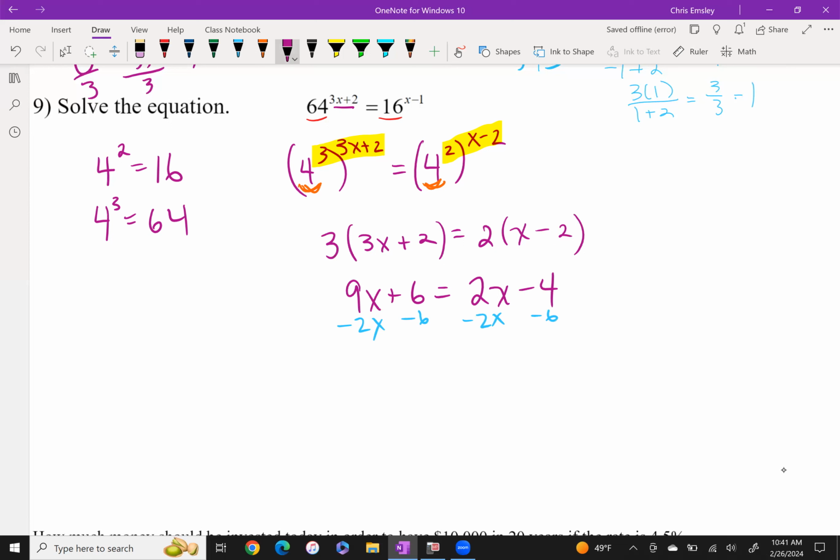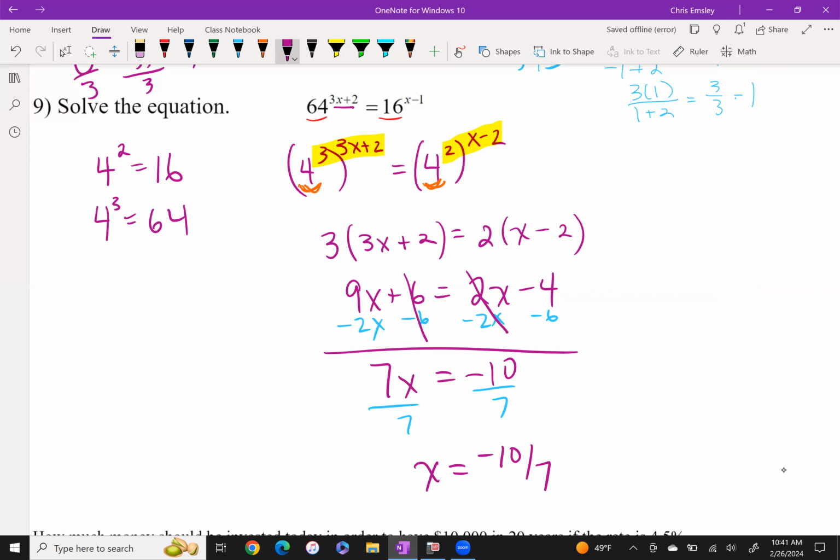So when I do that, 9x minus 2x is 7x. The 6 zeroes out. The 2x zeroes out, equals -10. Divide by 7. And there is our answer. It can't be reduced, so we'll just leave it like that. x equals -10 over 7.